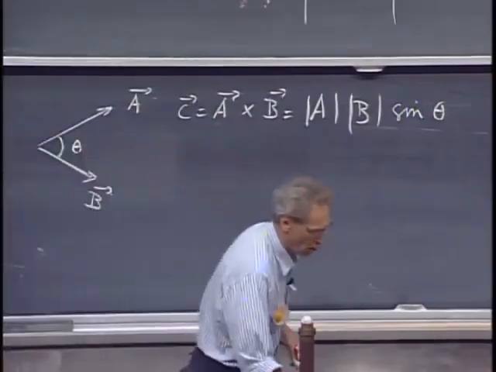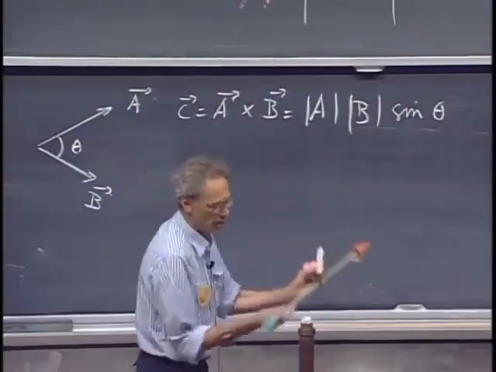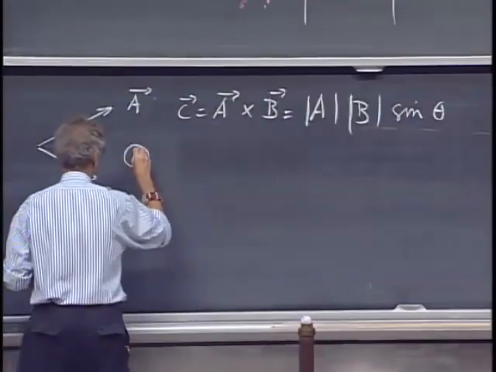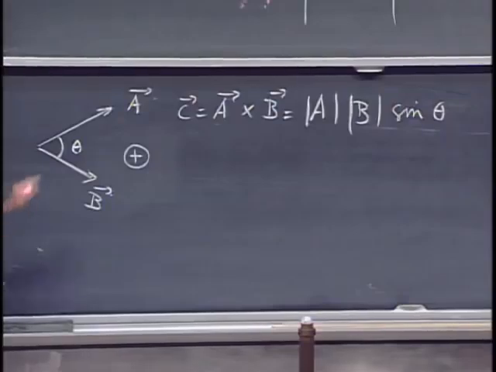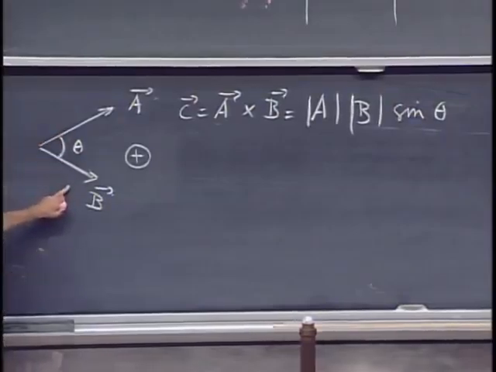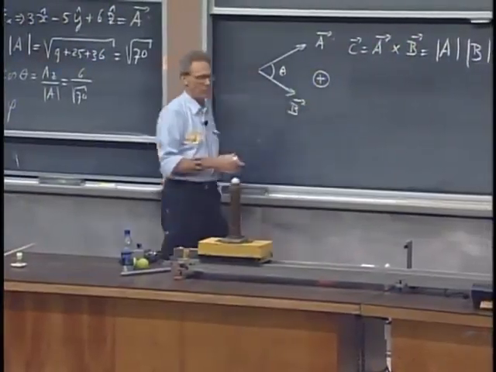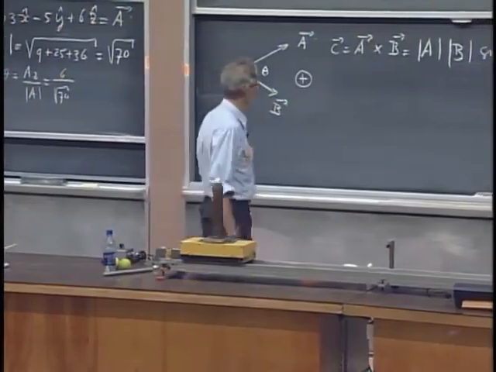And if the corkscrew goes into the blackboard, you will see the tail of the vector, and you will see a cross, a little plus sign, and therefore we put that like so. A cross product is always perpendicular to both A and B, but it leaves you with two choices. It can either come out of the blackboard or it can go in the blackboard. And I just told you which convention to use.